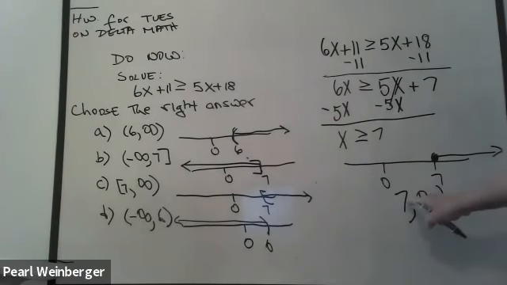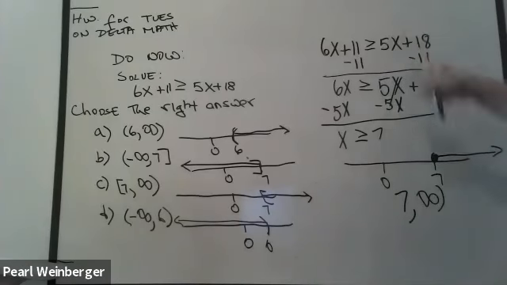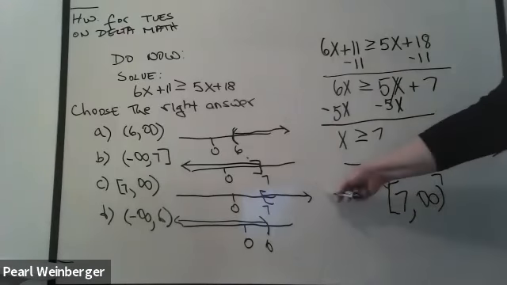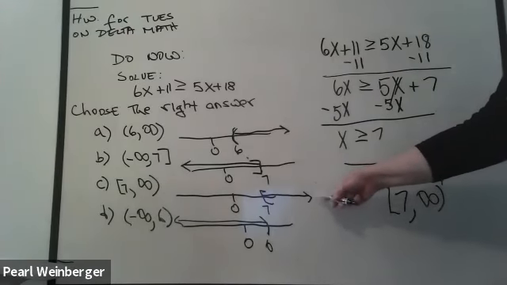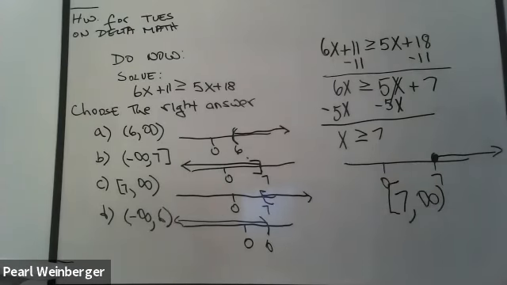At the 7, since it's a filled in circle, because this was a greater than or equal to, it included the 7, so there we make the bracket. And I see whoever sent in the answer in the chat actually picked choice C, which is the correct choice. So that's how we would do this problem and pick the choice.